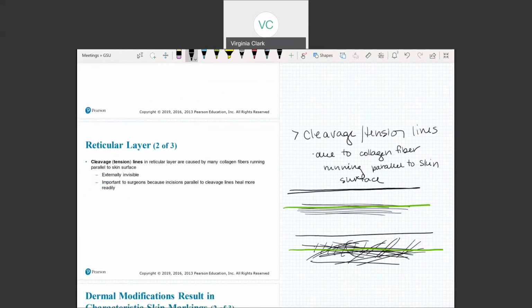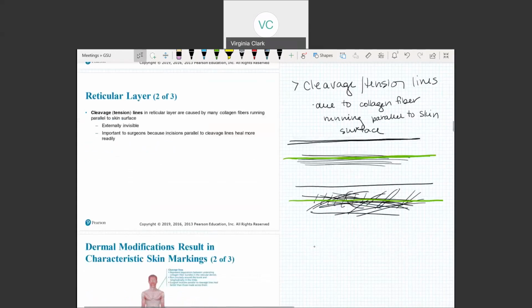So for surgeons, this is an externally invisible cleavage line, but they know that running deep to the surface of the skin in the reticular layer, the collagen fibers run in a nice clean line. That's what surgeons will actually cut through. So there's a plan to how they actually open up the body.